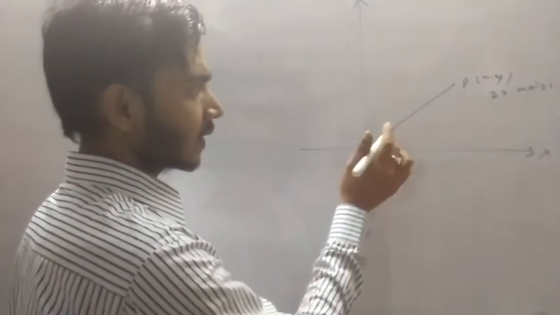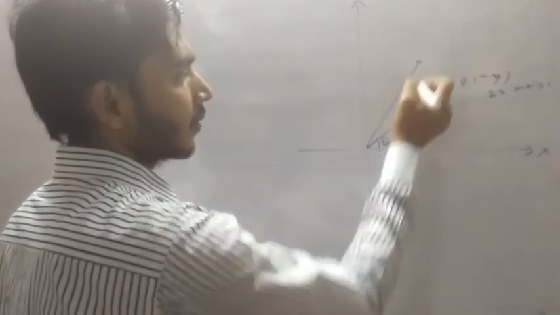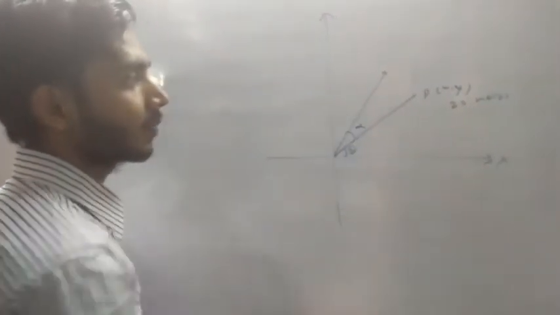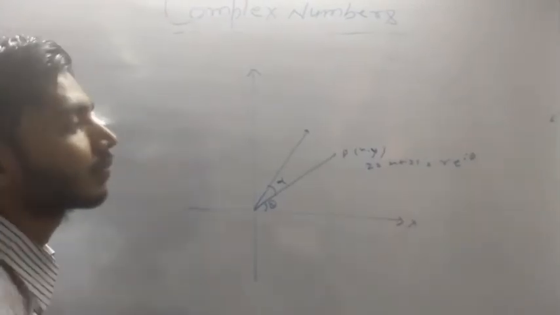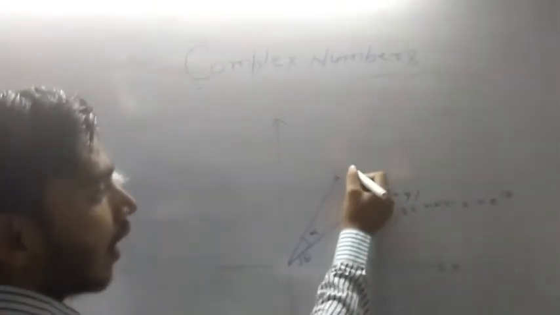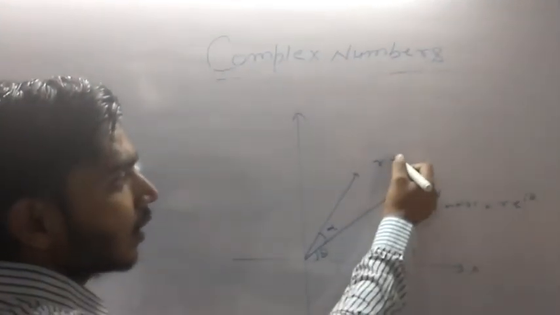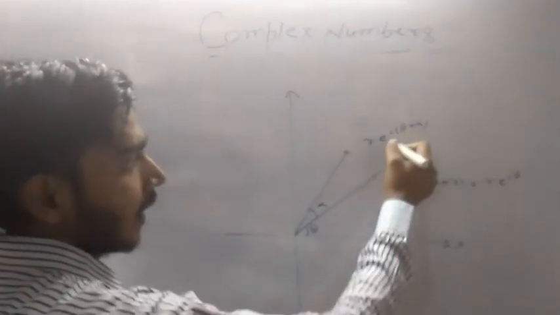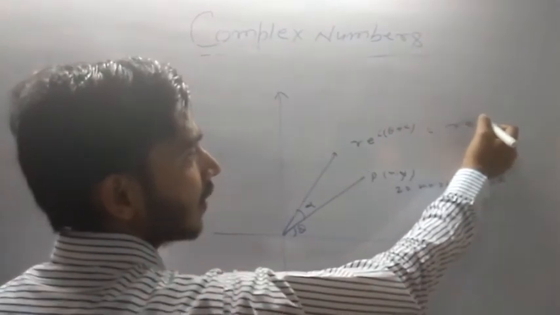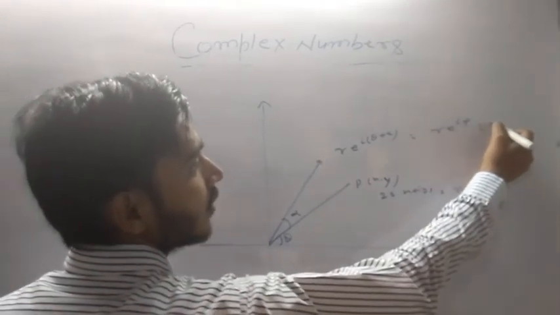If we rotate this by angle alpha, this point gives r e to the power i(theta + alpha), and this is called r e to the power i gamma.